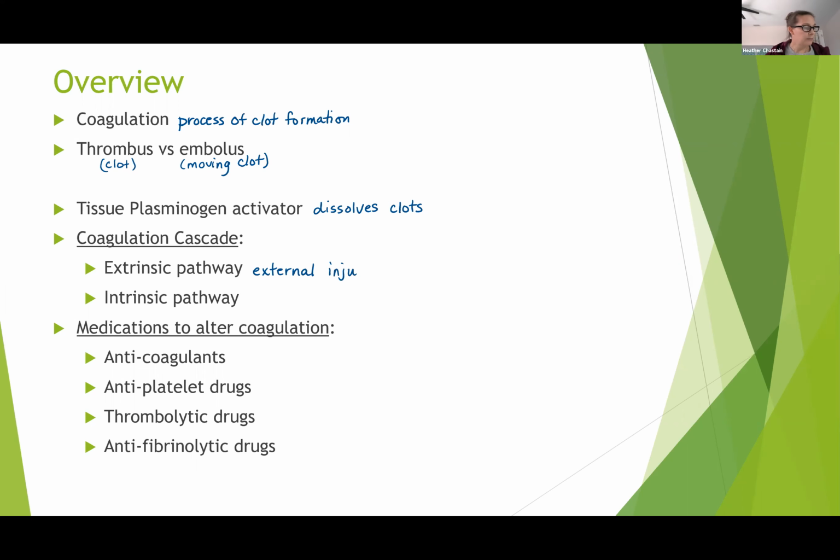So if you got hurt, like a wound, or you had a trauma happen to you, that would be the extrinsic pathway. Then you have the intrinsic pathway, and that is an internal injury inside your body. Damage to the inside of your body would initiate your intrinsic pathway.